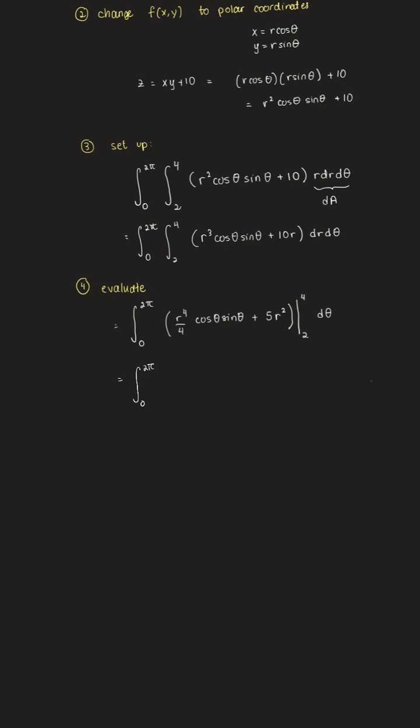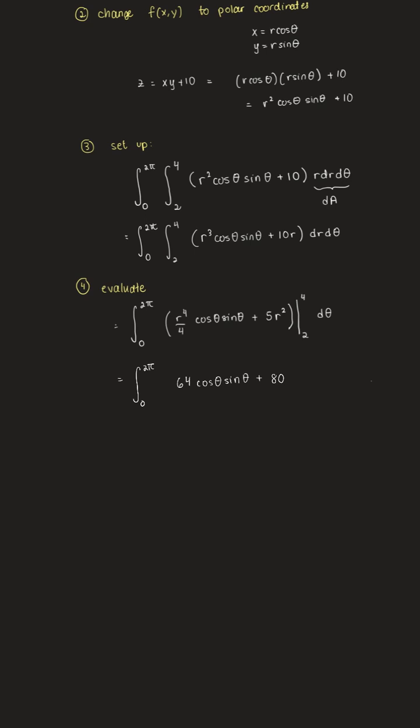Okay, so let's go ahead and apply the fundamental theorem of calculus. When r is 4, this is going to give us 4 to the 4th divided by 4. One of the 4's cancels, so it's 4 cubed, which is 64 cosine theta sine theta plus 16 times 5, so 4 squared is 16 times 5, which is 80.